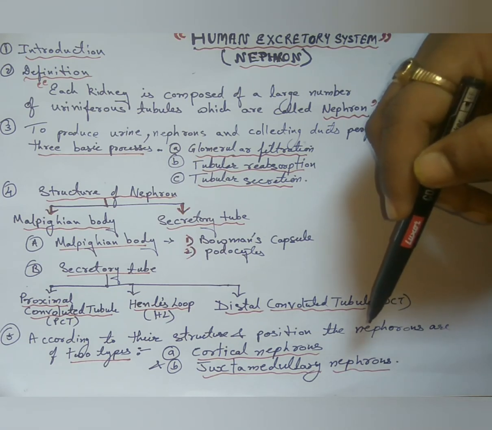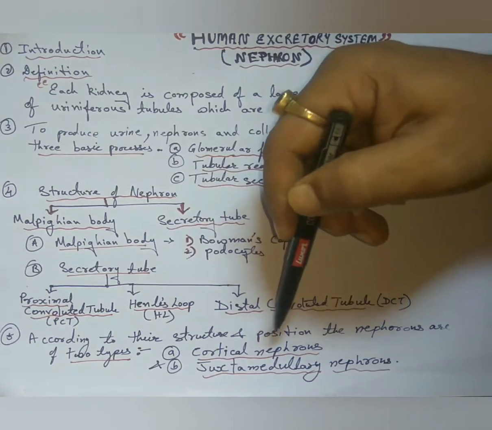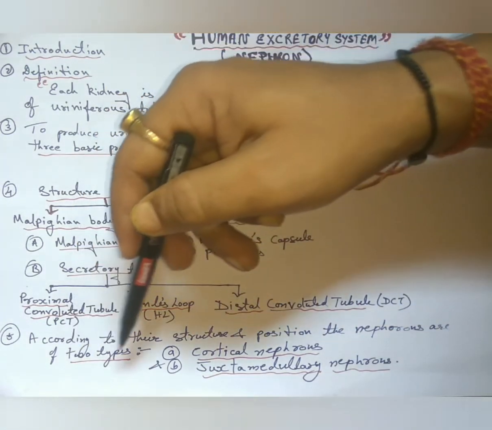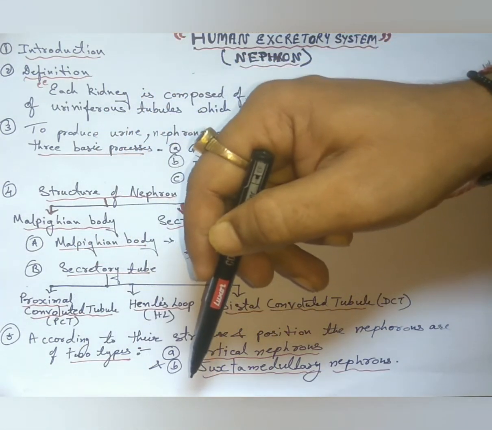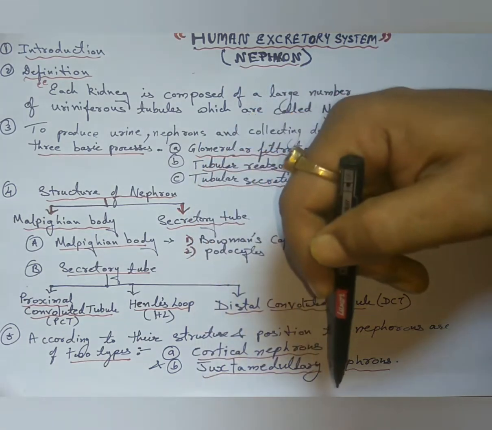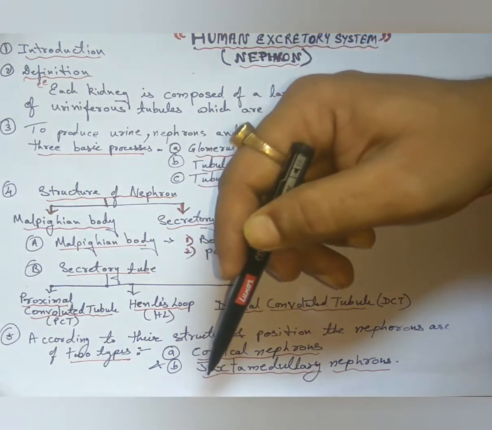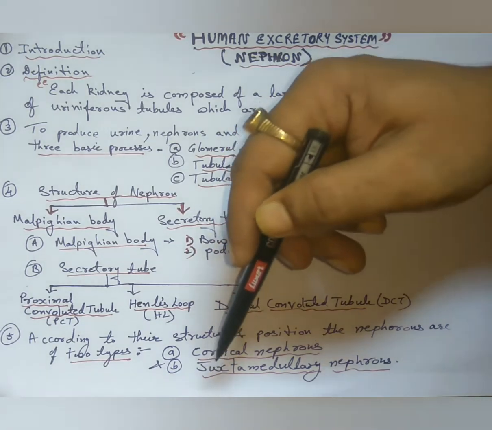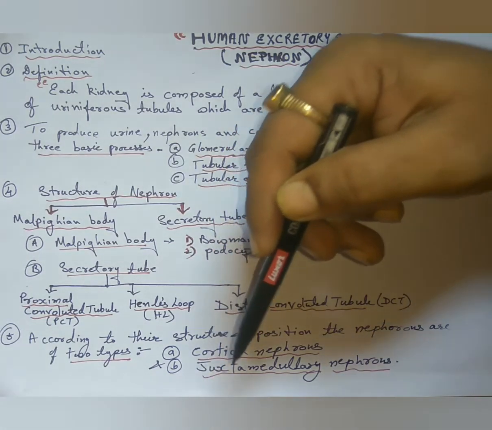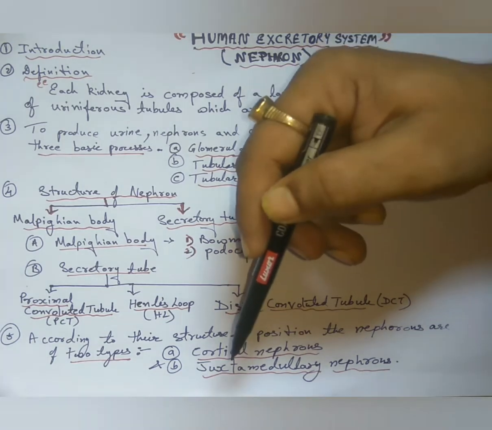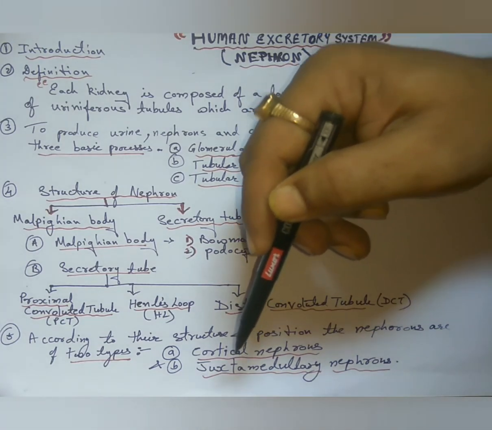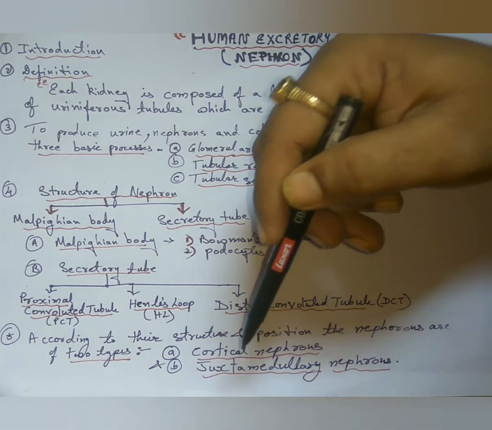According to their structure and positions, the nephrons are of two types. First, cortical nephrons, and second, juxtamedullary nephrons. Cortical nephrons have glomeruli located in the outer cortex. They have short loops of Henle that penetrate only a short distance into the medulla.